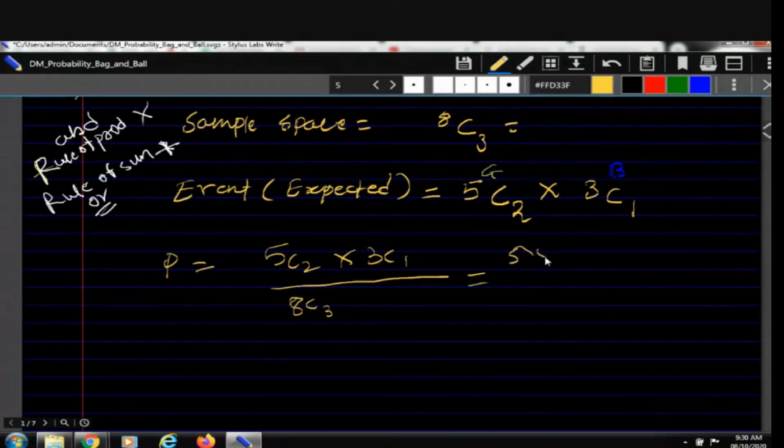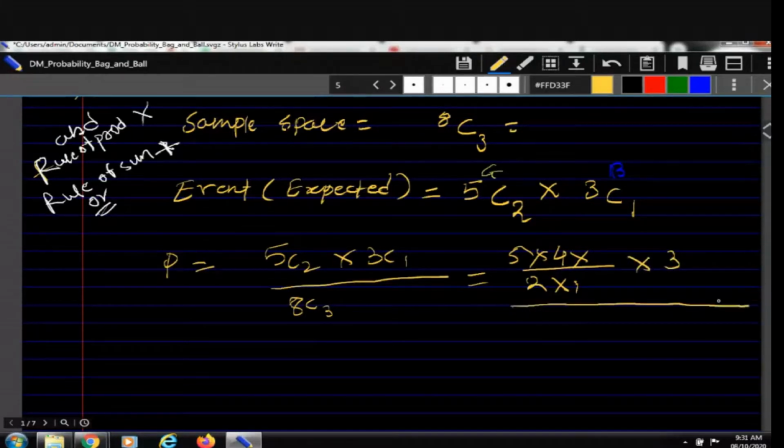What will this be? 5C2 is 5 factorial divided by 2 factorial into (5 minus 2) factorial, that is 3 factorial. So this will be 5 into 4 into 3 factorial divided by 3 factorial into 2 factorial. The 2 factorial you can write as 2 into 1. 3C1 is always 3.